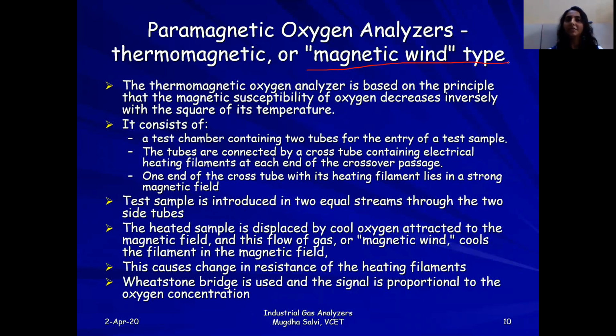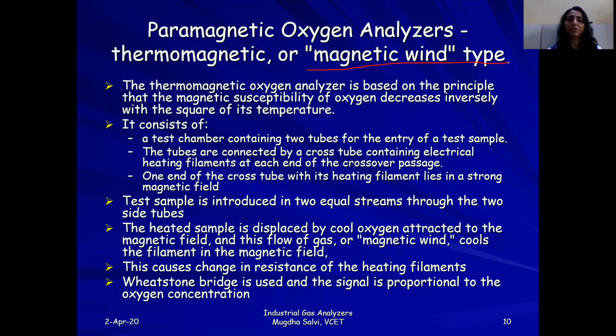I just said in the previous slide that the magnetic susceptibility of oxygen reduces with increase in temperature. So as the temperature goes on increasing, oxygen will become less and less susceptible to the magnetic field. It will get less attracted towards the magnetic field. This property is used here in the magnetic wind type.